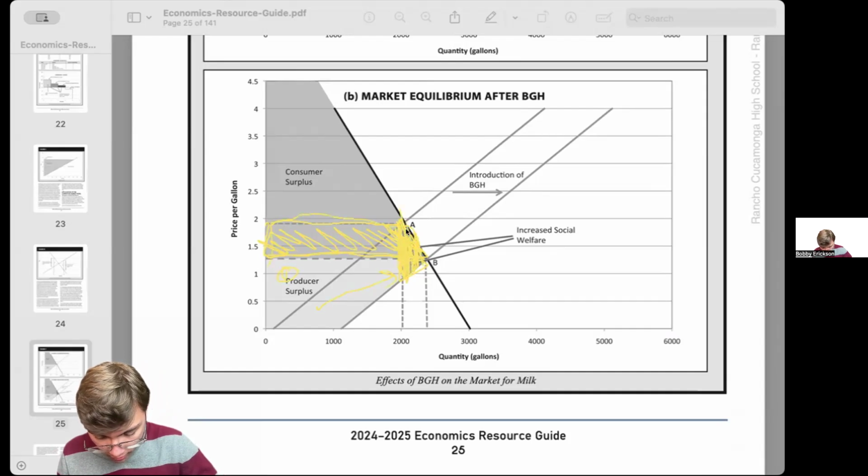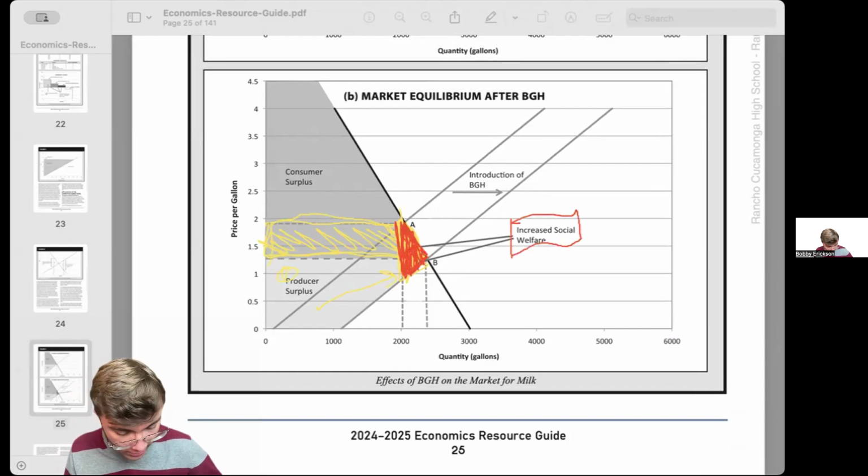But as a total, I'm going to change color. The red here is total surplus. This little triangle, this total new surplus, is the increased social welfare here.